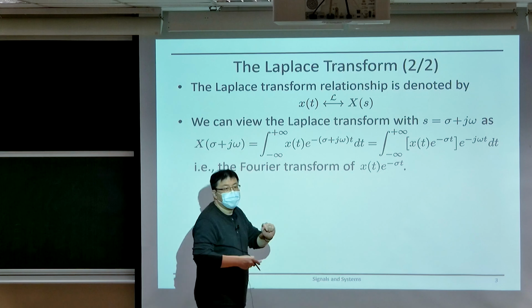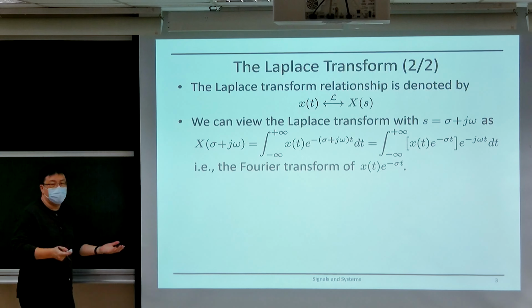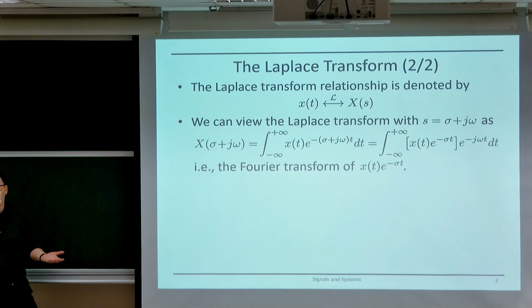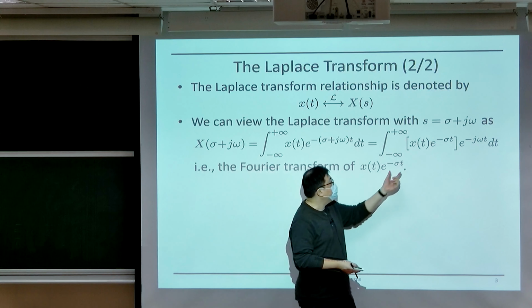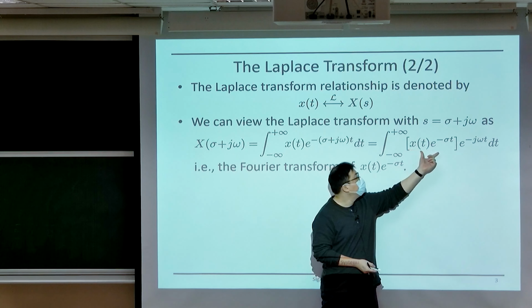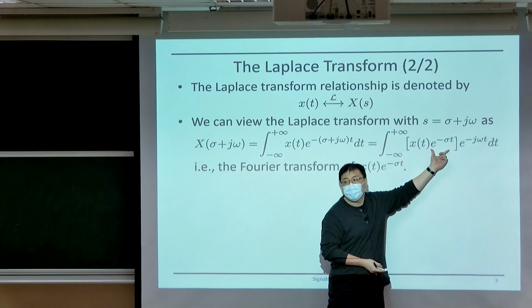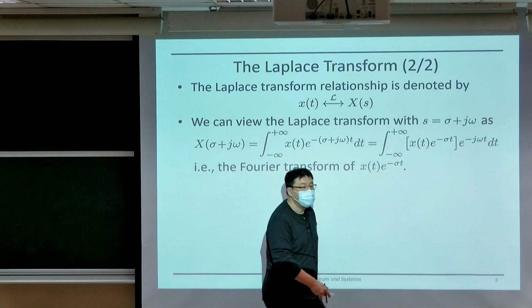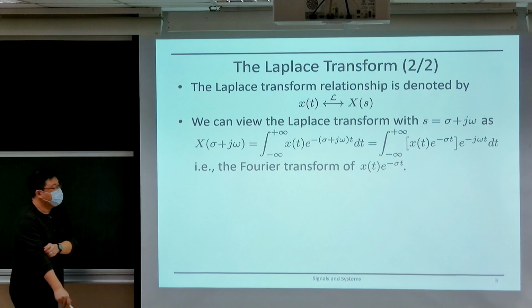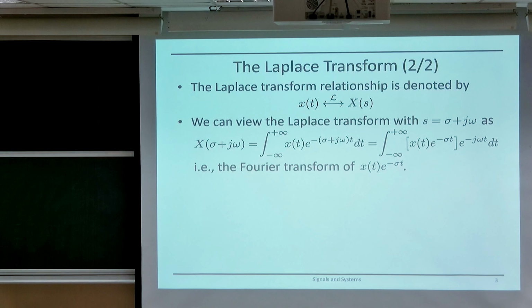So the Laplace transform is actually just a Fourier transform, but now with your signal of interest multiplied by this exponential. And what's the advantage of doing that? Suppose that you have some signal x of t that looks like this.